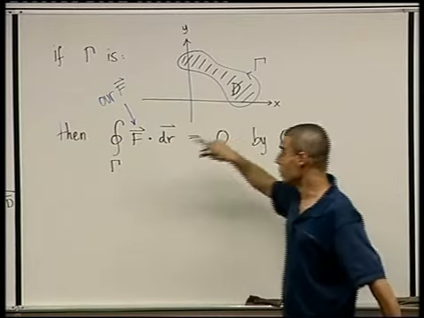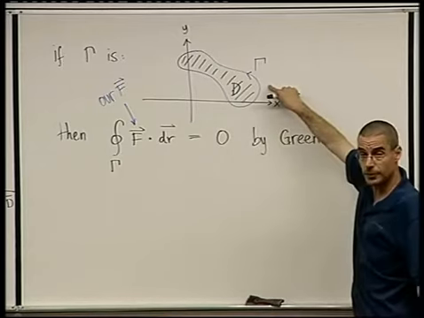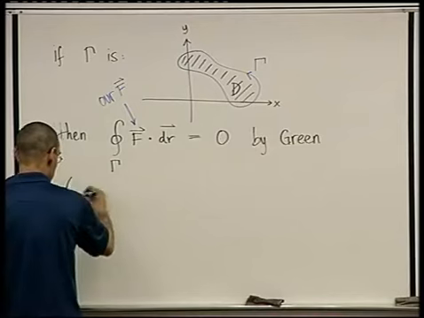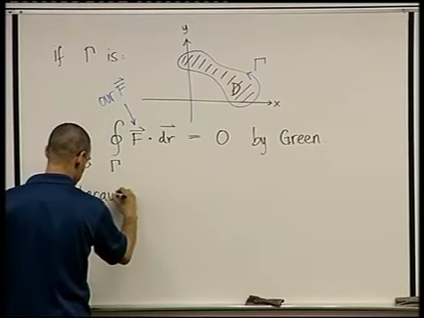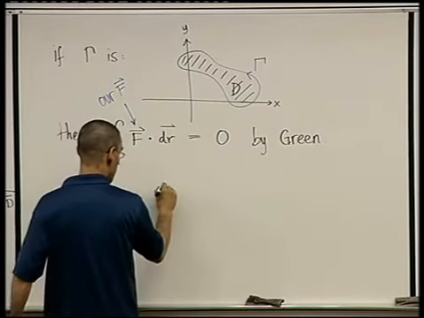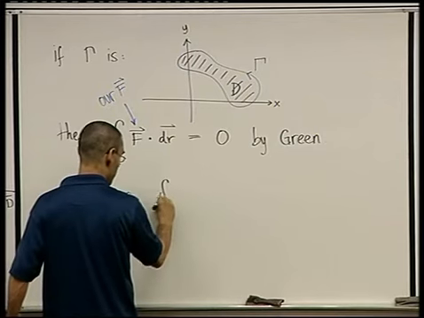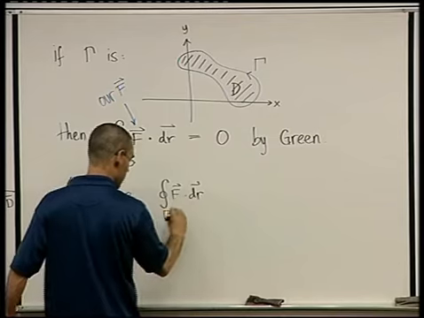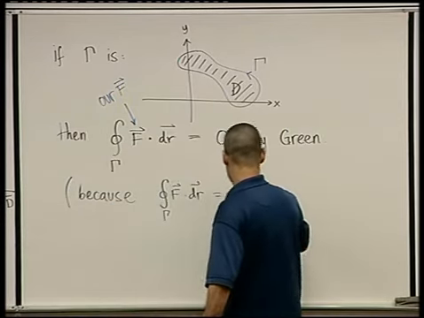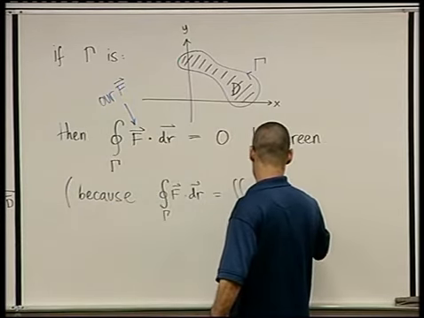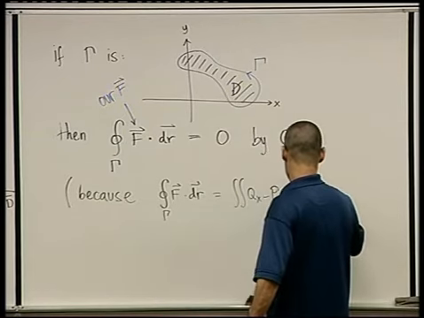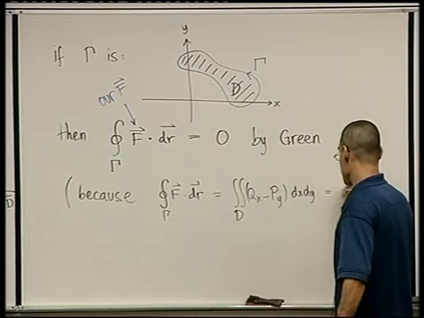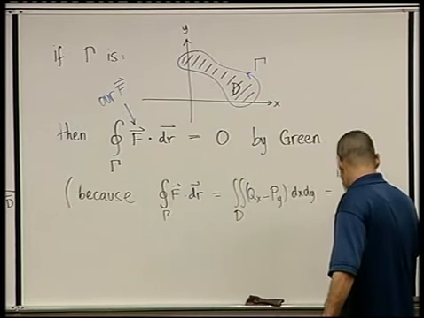Okay? So over a gamma like this, or any gamma, the integral over f dot dr equals the double integral over D of Qx minus Py dx dy, and this equals the double integral over D of 0.